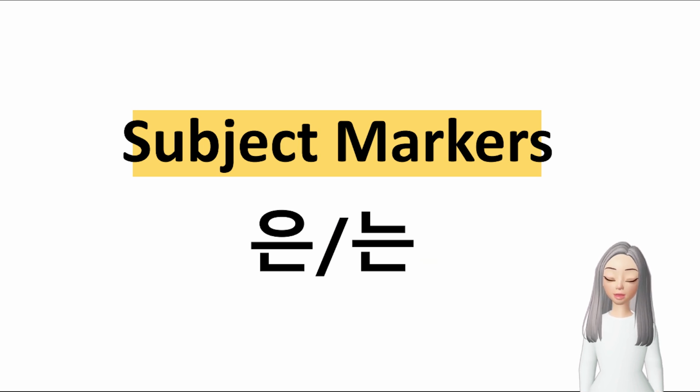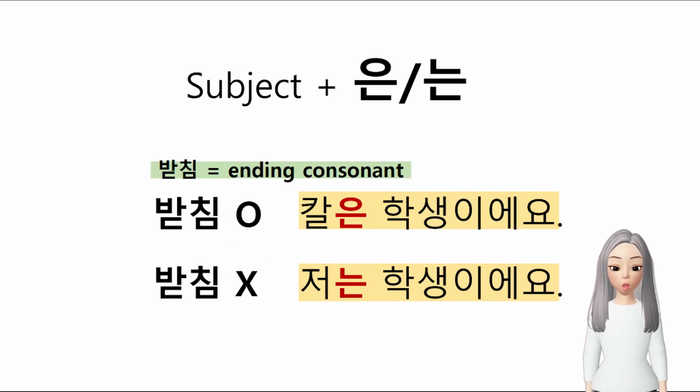However, depending on the situation, there is also the subject marker 은. The use of 은 or 는 depends on the subject before the marker. It depends on whether the subject ends with a 받침 or not. 받침 is an ending consonant. It's a bit complicated, so let's look at examples to help you understand better.